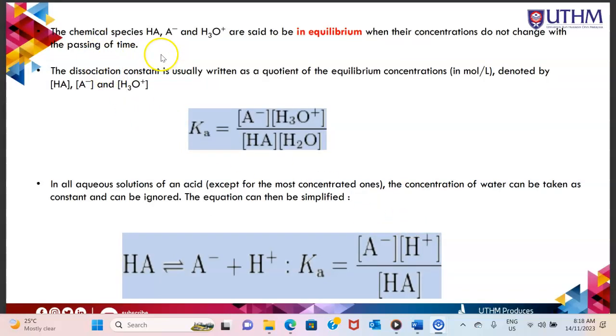So the chemical species, we have this HA, the acid, and A minus, and these ions are said to be in equilibrium when their concentrations do not change with the passing time. The dissociation constant is usually written as a quotient of the equilibrium concentrations denoted by HA, A minus, and H3O+. In all aqueous solutions of an acid, except for the most concentrated ones, the concentration of water can be taken as constant and can be ignored.